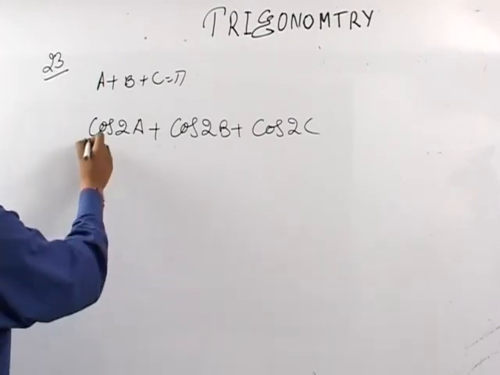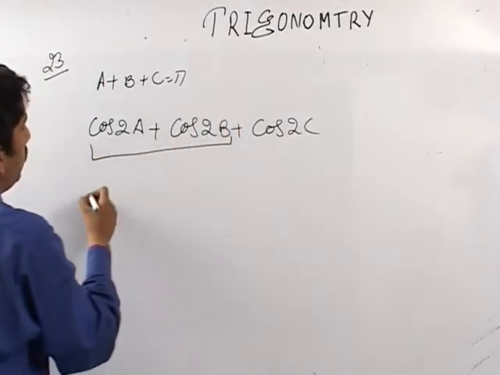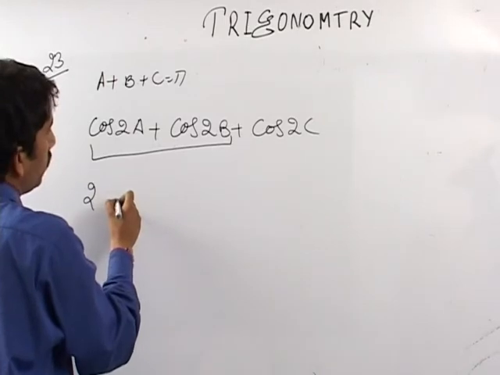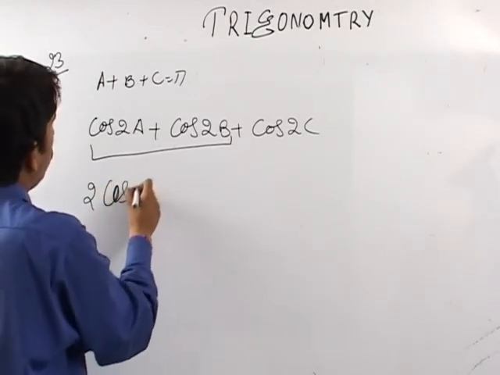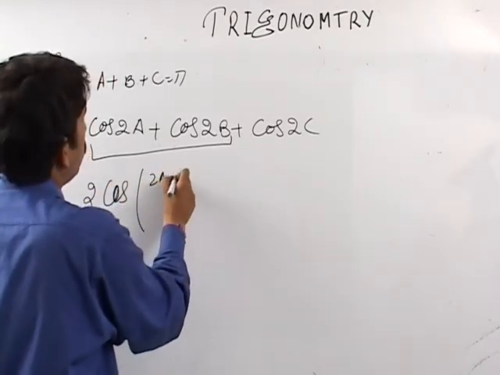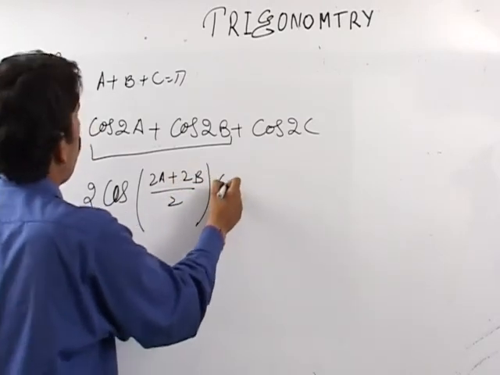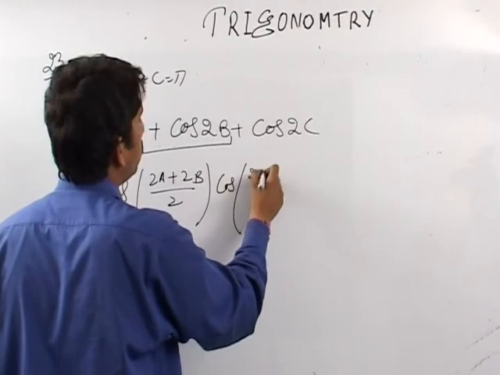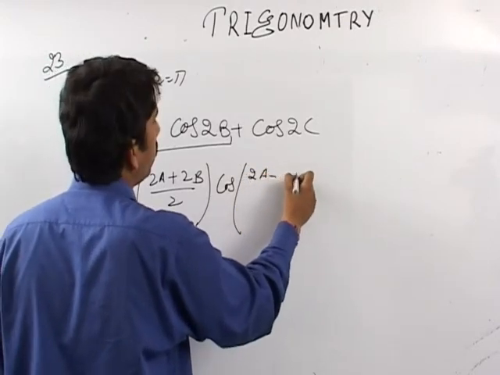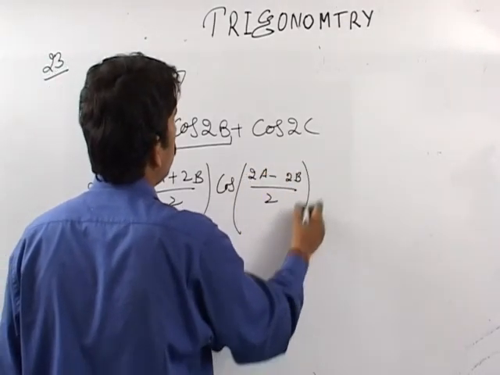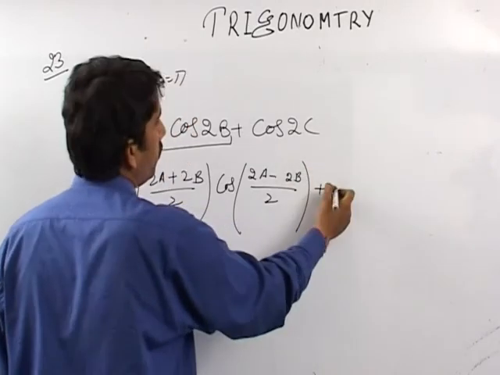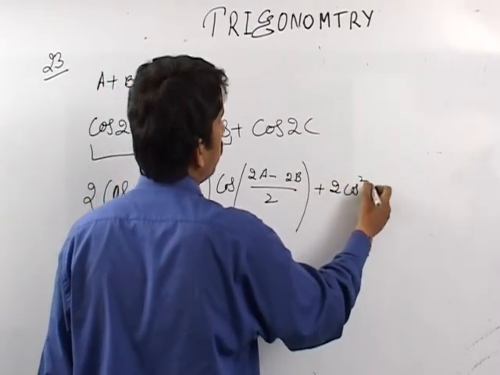Now you can apply here cos C plus cos D, which is 2 cos of (C plus D) by 2 times cos of (C minus D) by 2, plus cos 2C can be written as 2 cos square C minus 1.